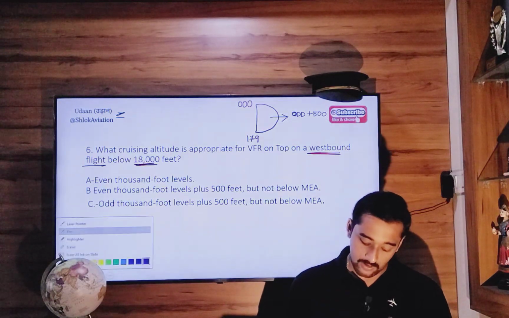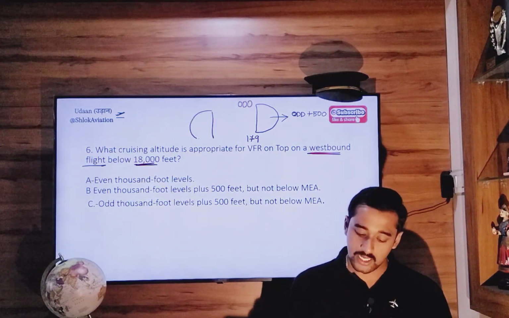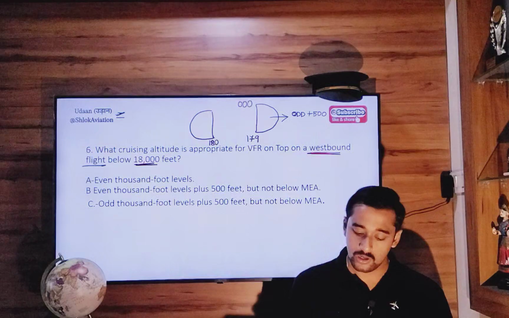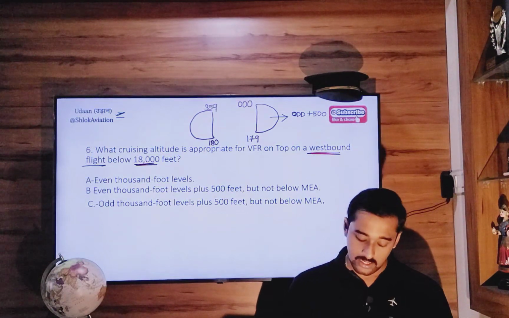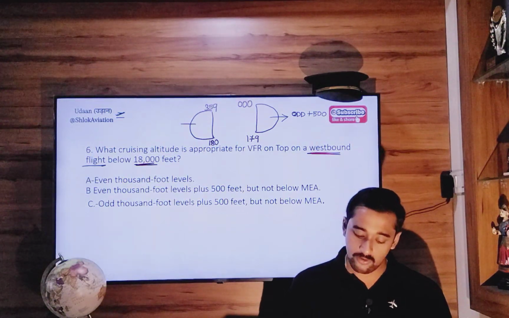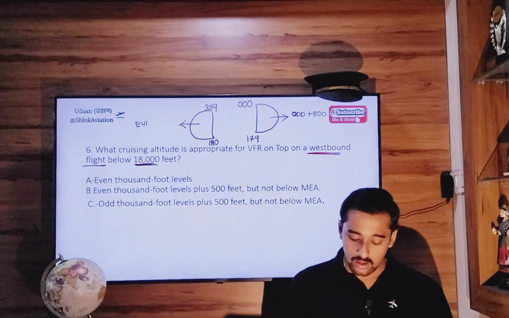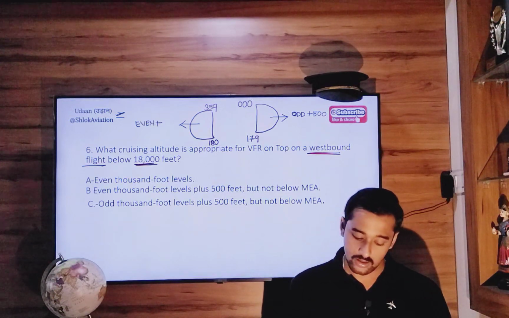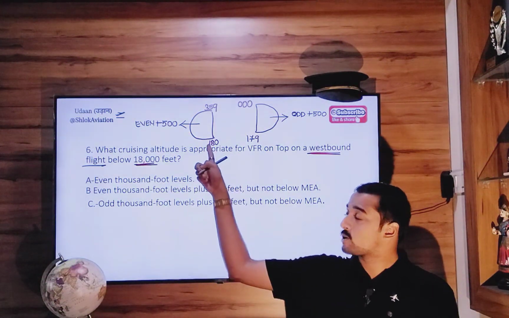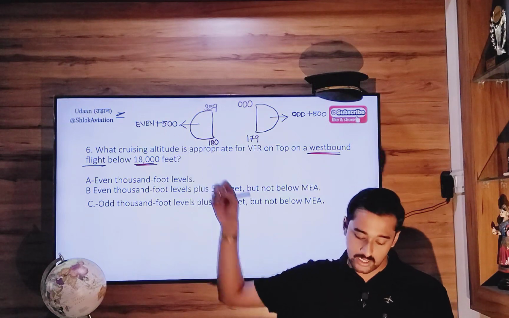If it's a westbound flight, the semicircular rule says that starting from 180 to 359, the VFR cruising altitudes will be even plus 500. 180 is an even number, so even plus 500.